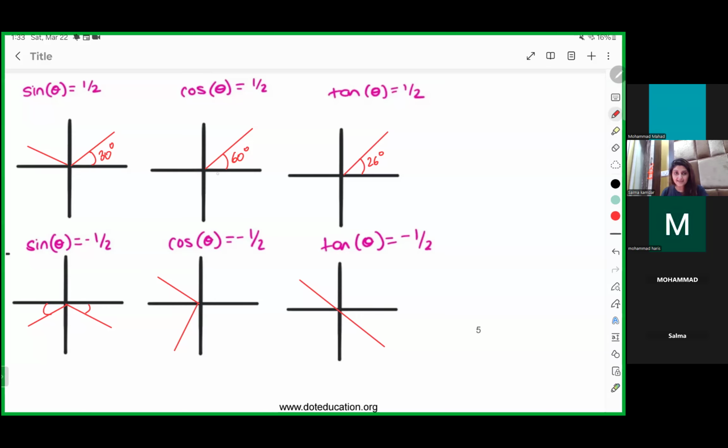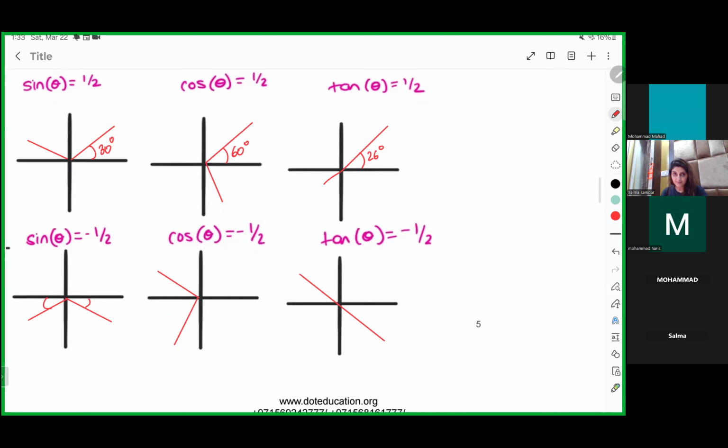Mahat, please put the angles. Put the measure of the angles. And please check with the CAST whether what you're doing is tallying with it.